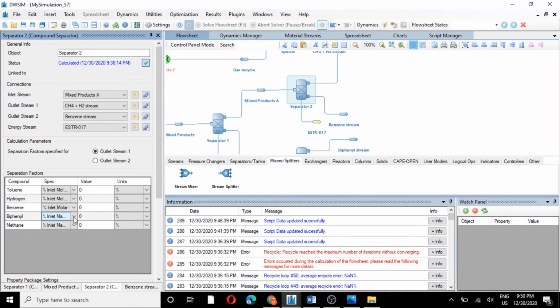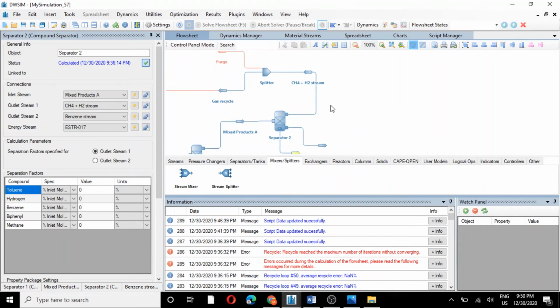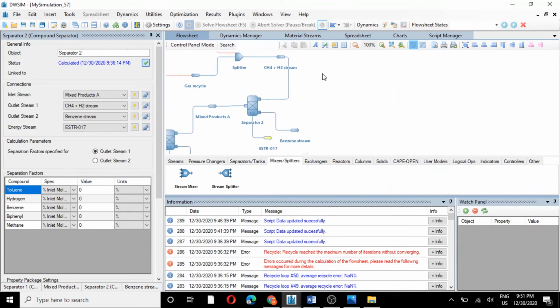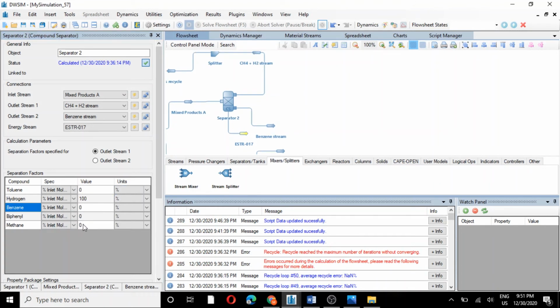We want the methane and hydrogen to exit stream 1 so that the benzene exits the second stream 100%. So we want the hydrogen and the methane to enter.